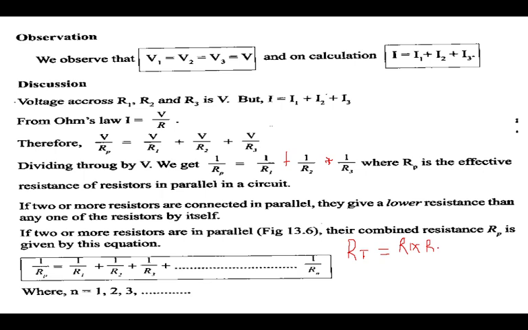In an exam, if there are only two resistors in parallel, just use this, which we call product over sum. So you have R1 multiplied by R2 divided by R1 plus R2. Then you substitute the values given and find the magnitude of the resistance. That's not a big issue. So take note of this in case there are only two resistors in a parallel setup.